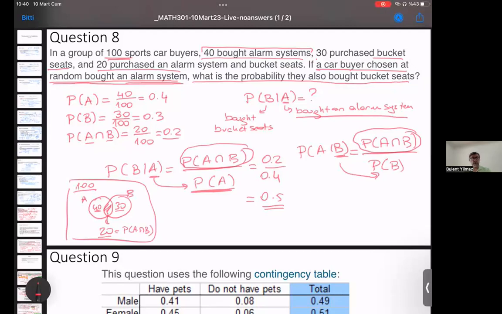So this is how we look at the problem, okay? We know that the person is in this group, they bought an alarm system. What's the probability of this group? Then I say 20 over 40, okay? You can think in terms of formulation and you can think in terms of logic.